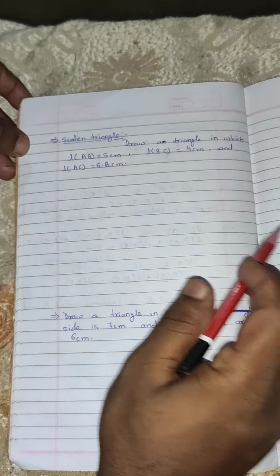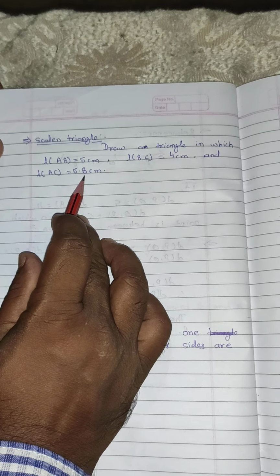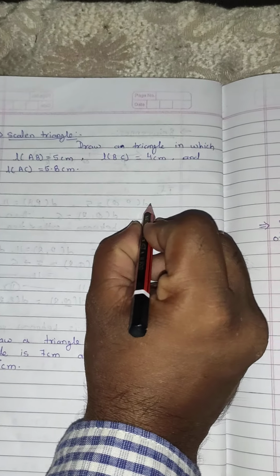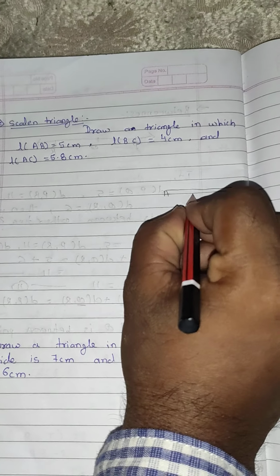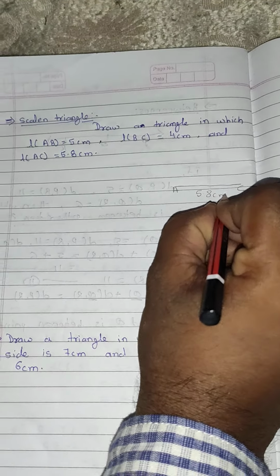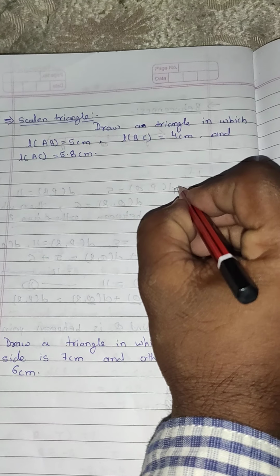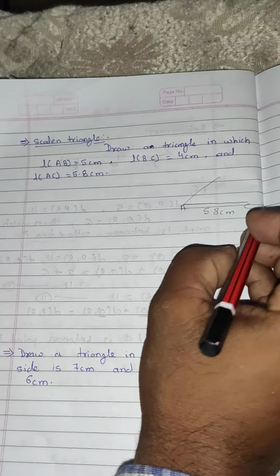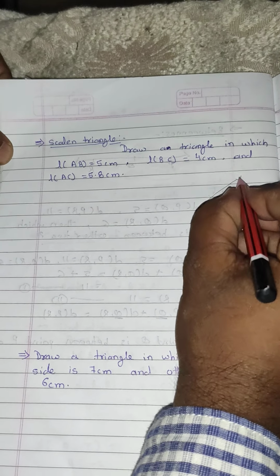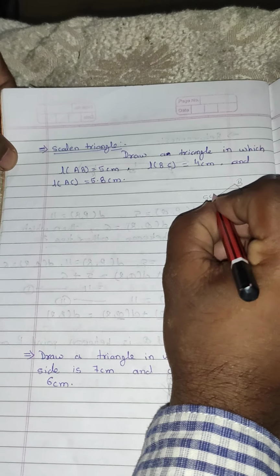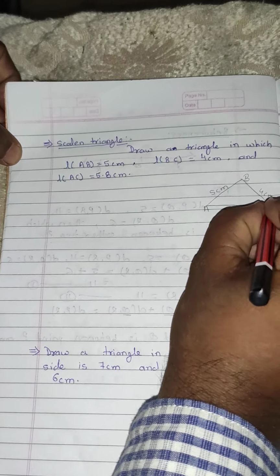See here, the biggest length is 5.8, so we draw a base AC of 5.8 centimeter. Now AB is 5 centimeter and BC is 4 centimeter.